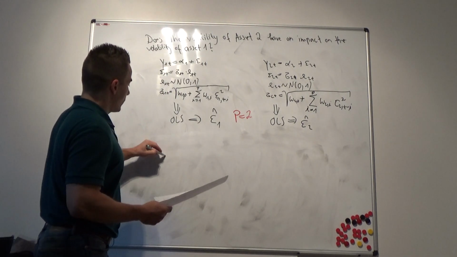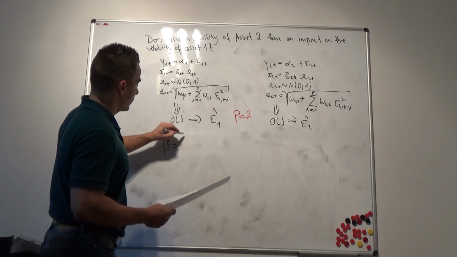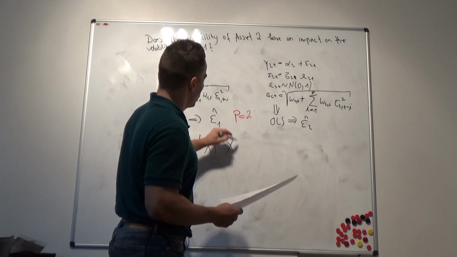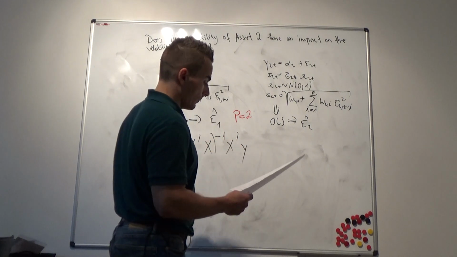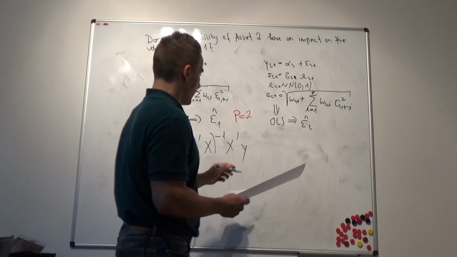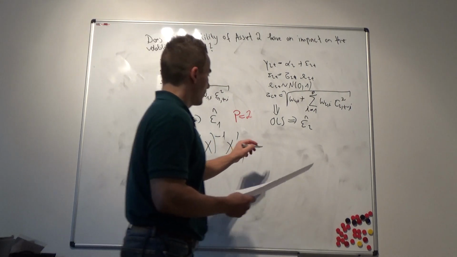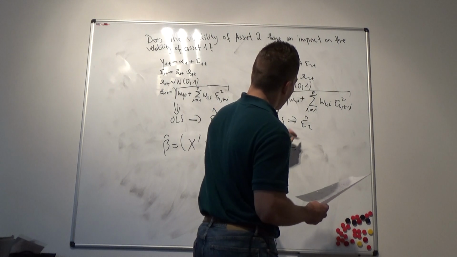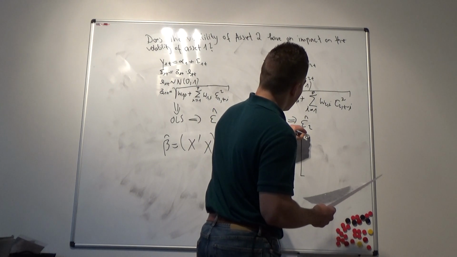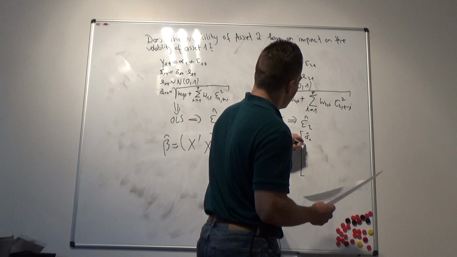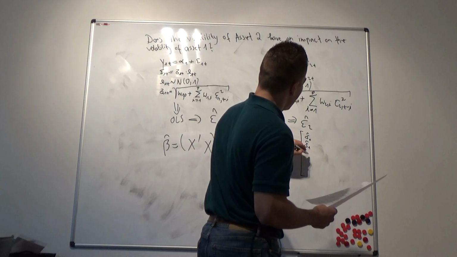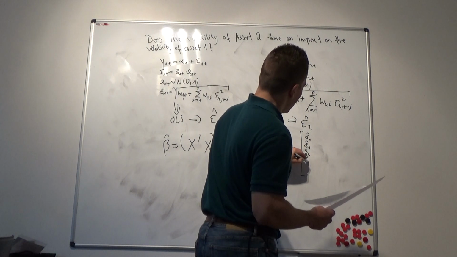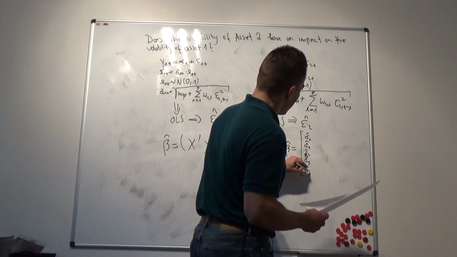So we know our formula: beta hat is X transposed X inverted, X transposed Y. So what we get is our parameter vector, beta hat, which has delta 0 hat, delta 1 hat, delta hat 2, delta hat 3, and delta hat 4.